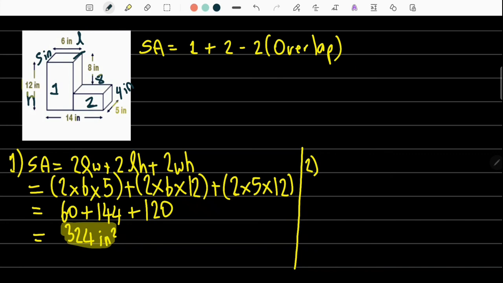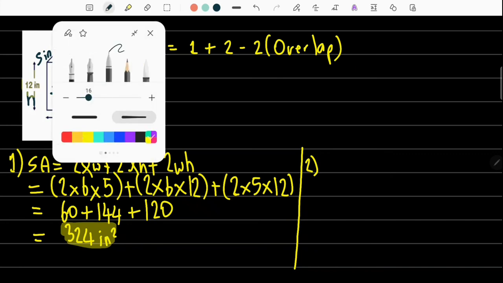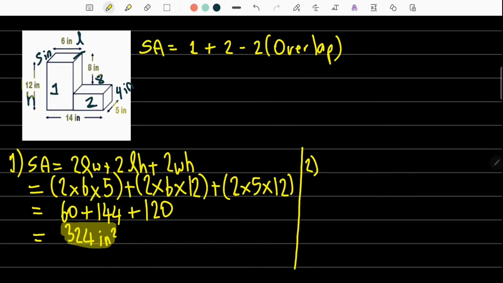Now let's go ahead and find the area of figure number two. Using the same formula, let's write it down. Surface area is equal to 2LW plus 2LH plus 2WH. It's always very important to start with the formula so we don't forget it.